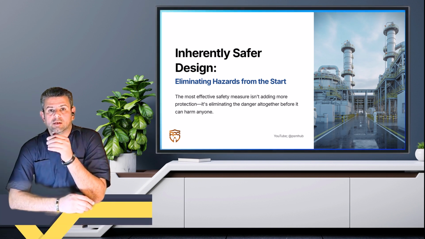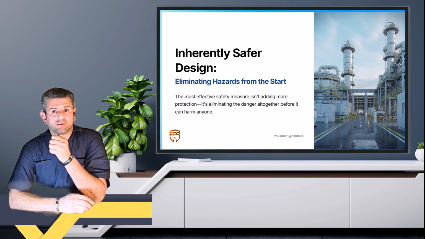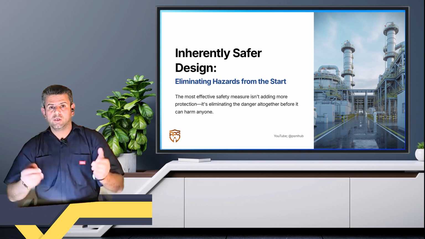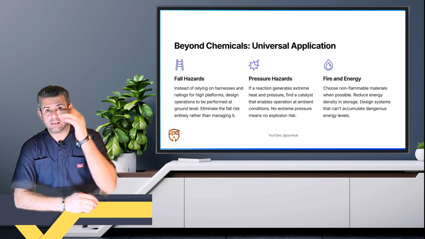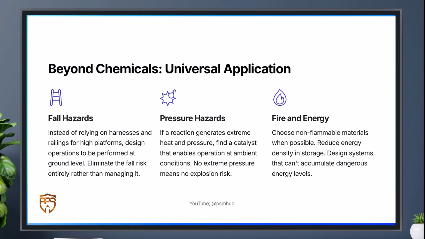Inherent safety is not just about chemicals, either. It can apply to any hazard. If a platform is high in the air, gravity is a hazard, people can fall. If you can design the operations so that heavy work is done at ground level instead, you've eliminated the fall risk rather than relying on harnesses or railings.